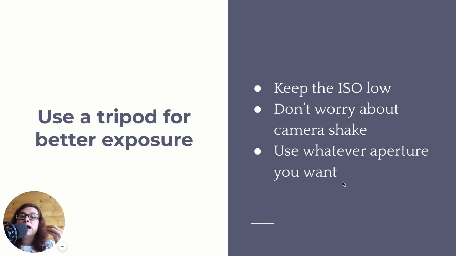And because you can set your shutter speed to a very slow shutter speed to let more light in, you can use whatever aperture you want for your storytelling, for your subject. Again, have a look at the class on aperture to see why and how to use which aperture.